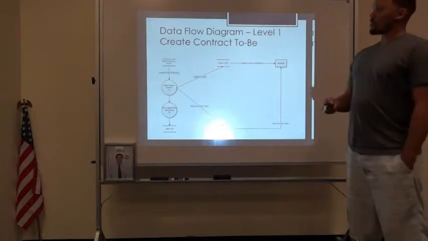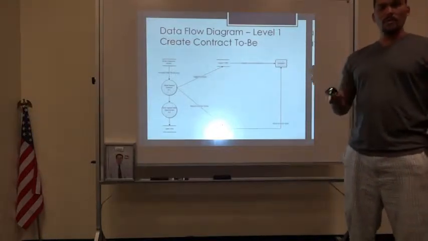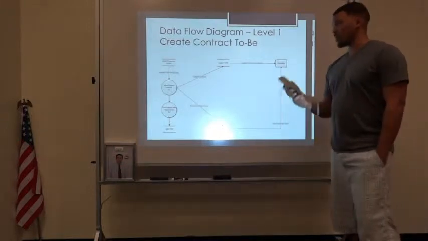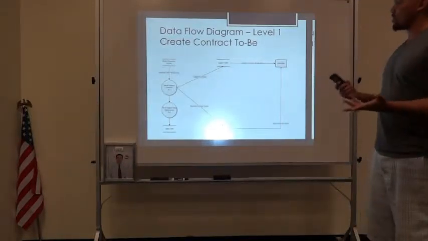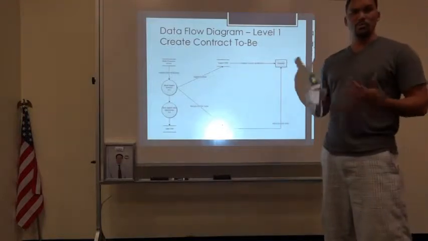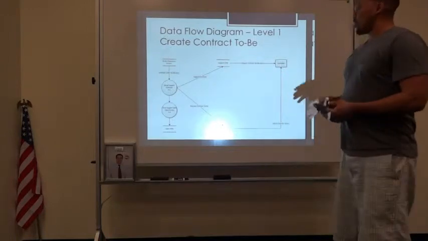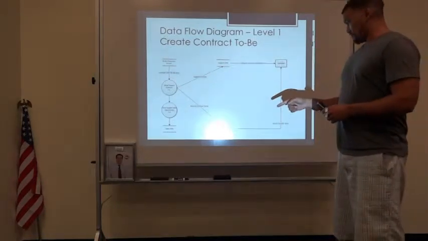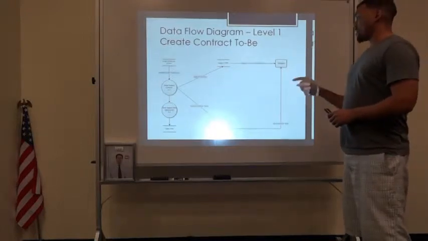Our create contract for the to-be process actually stemmed from what we had, which was the billing form. We eliminated the billing form in our as-is process and decided all we need is a create contract process, which makes more sense for our system. So we set up legal to get the contract information from the customer.